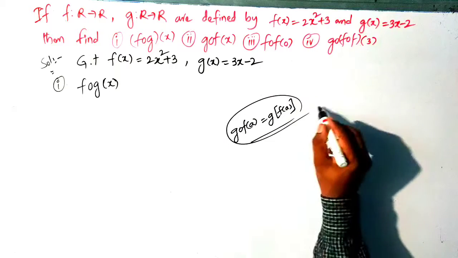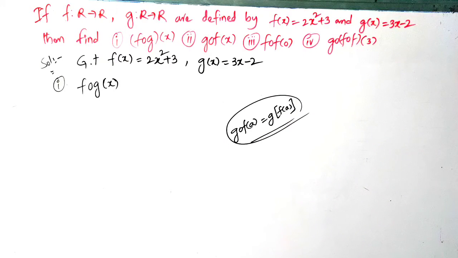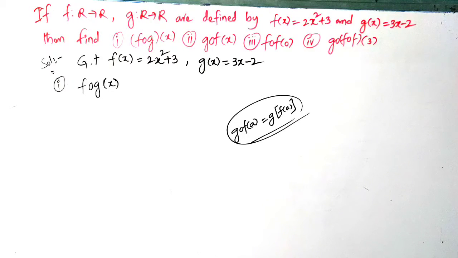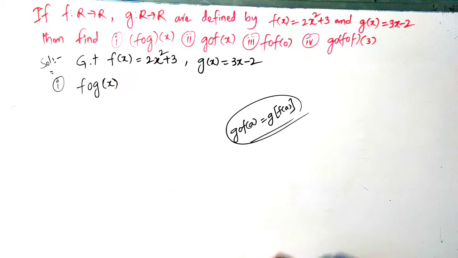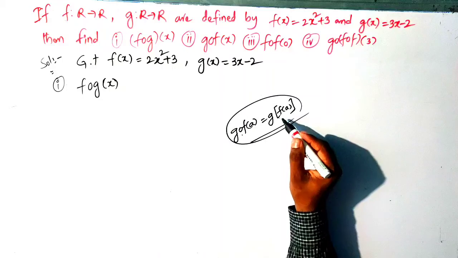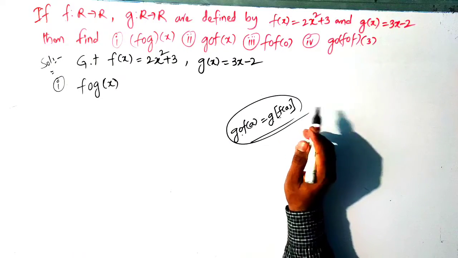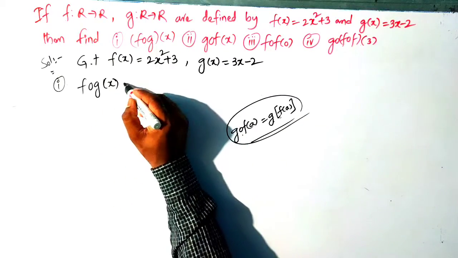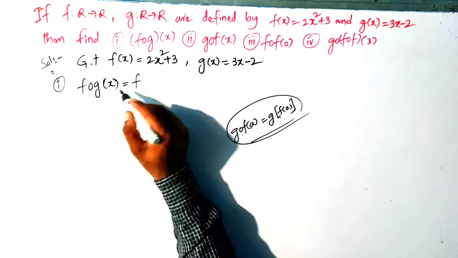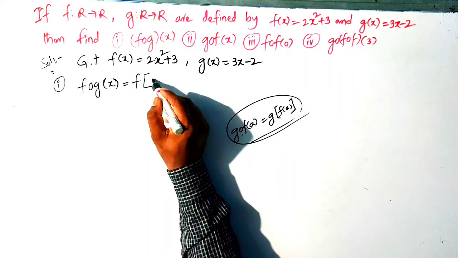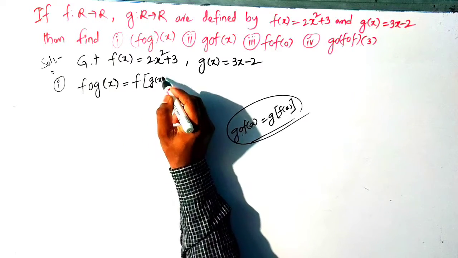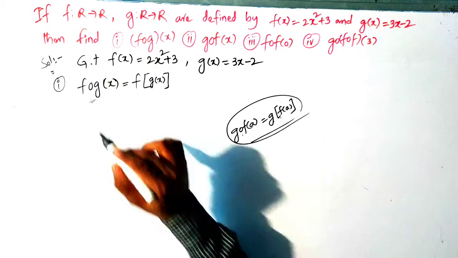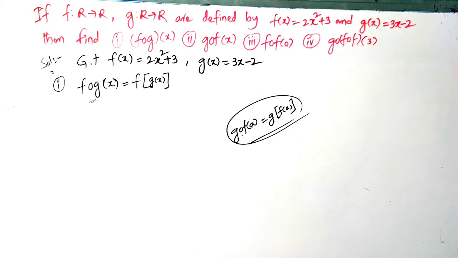So this is the composite function defined as g circle f of a equals g of f of a. When there is a circle, we automatically write it in brackets as g of f of a. Same as it is here, we apply it like this. f circle g of x can also be written as f of g of x. Why? Because this is nothing but a composite function. Clear?